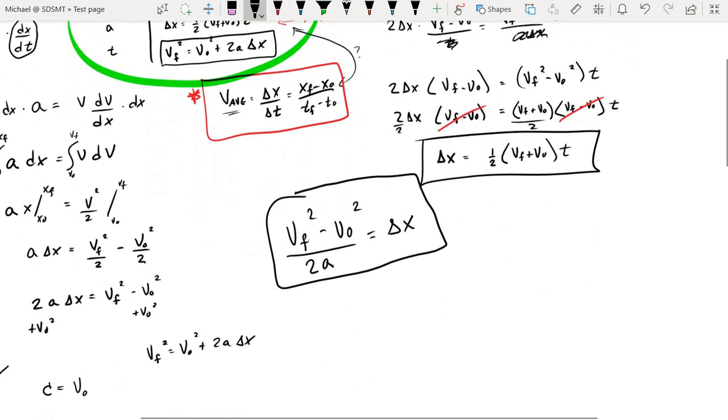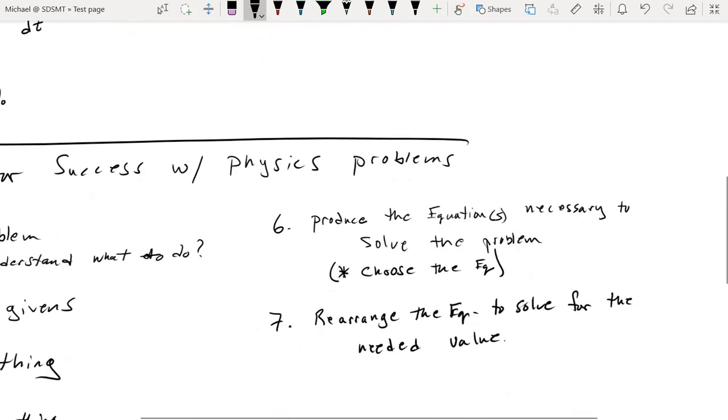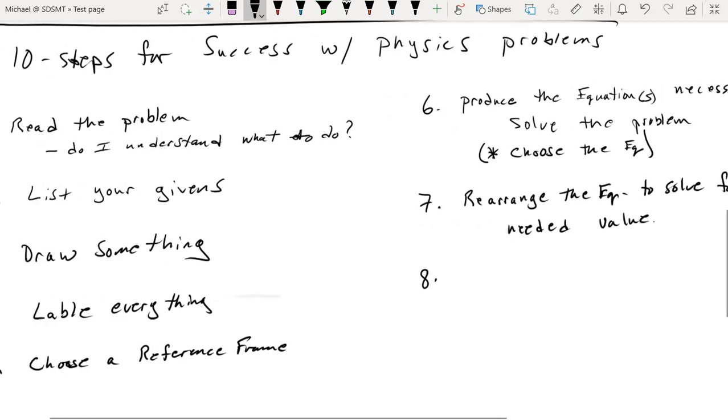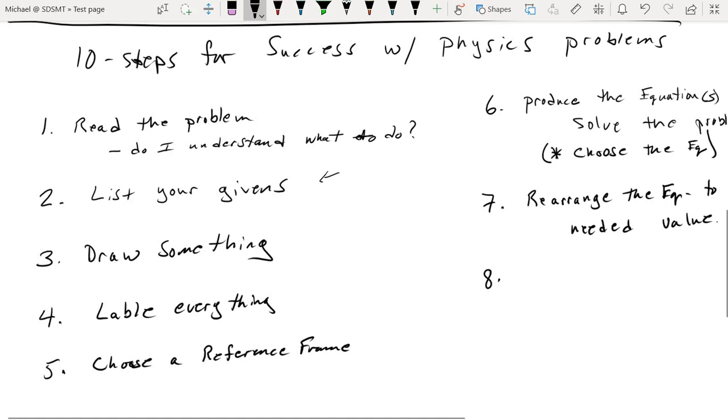And the reason that we want to rearrange the equation is so that we're not constantly having to drag all of those given values through the math.